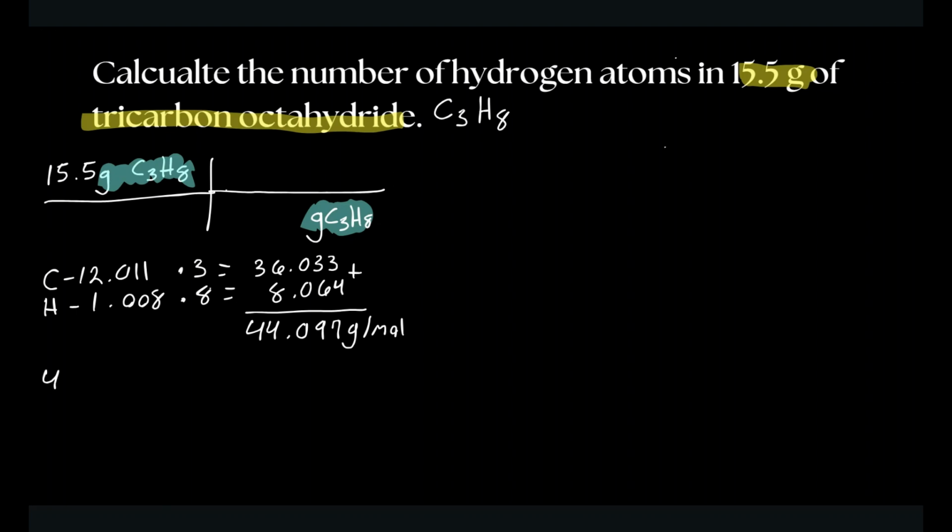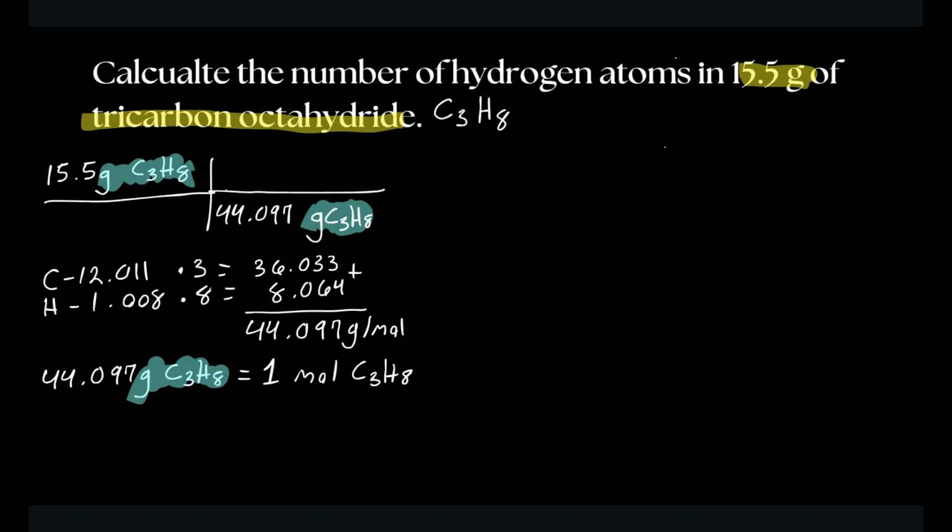Now putting this into the format that we're able to use, this will be our 44.097 grams of our C3H8 equal to the 1 mole of our C3H8. We have that grams of our C3H8 ready to go. So that will be our 44.097.